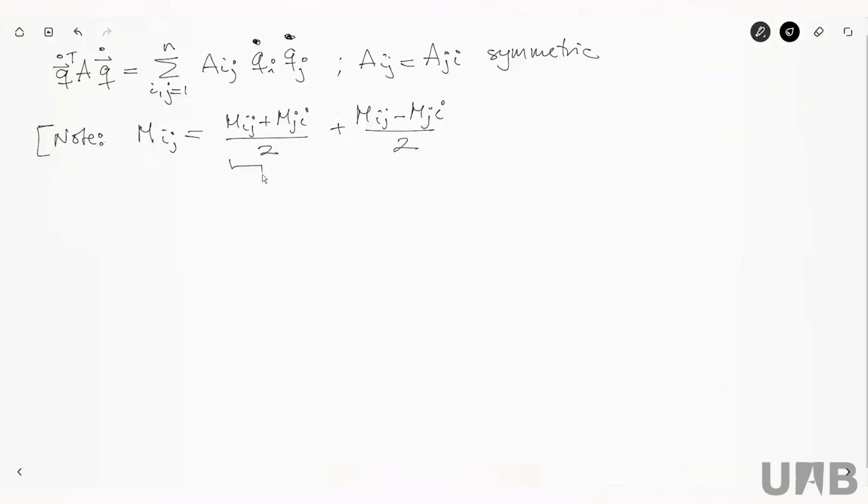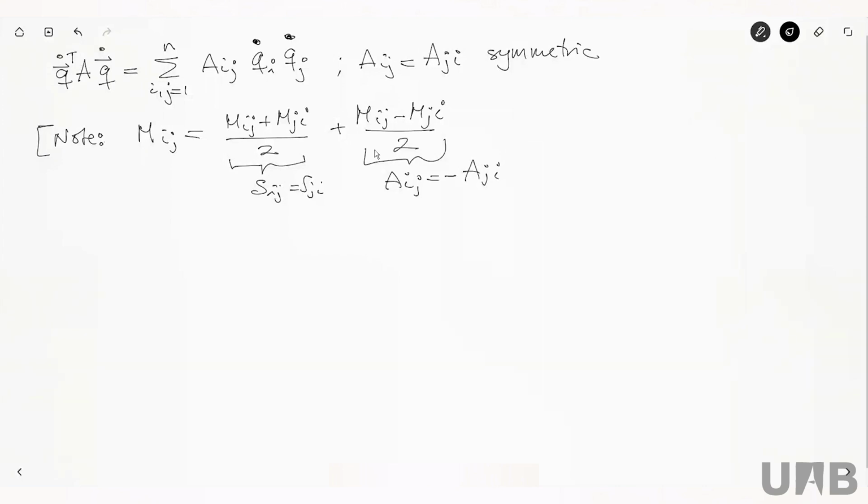Now, the first term is obviously symmetric, so S_ij is the same as S_ji. And the second term is obviously antisymmetric, so A_ij is minus A_ji. This is for any matrix M, so I can always decompose any matrix into a symmetric and an antisymmetric part.